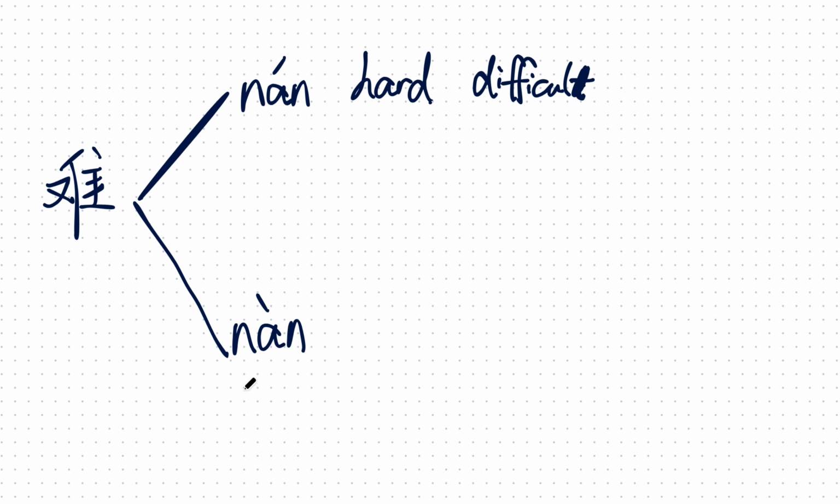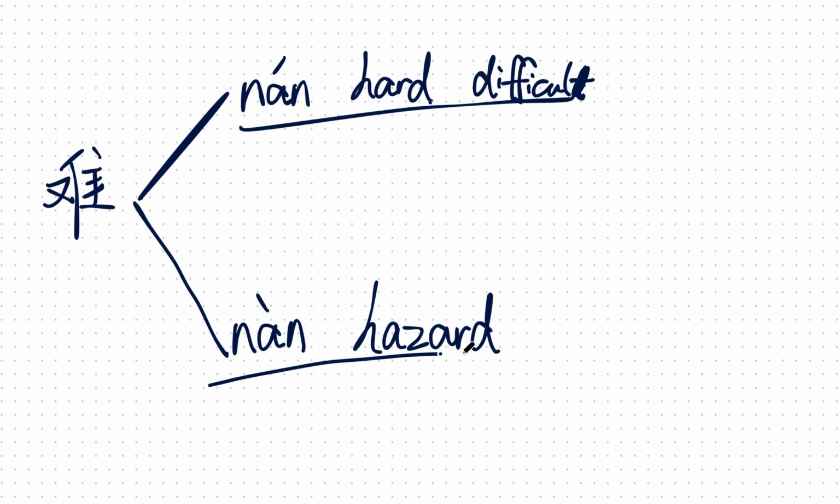And for nàn here, it means hazard or natural disasters. Okay, so now these are two different meanings, each with its own pronunciation. And that's how you know how to pronounce this character in a sentence or a word.